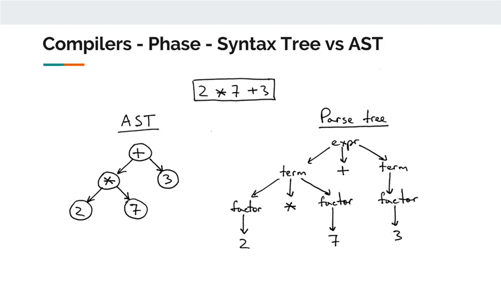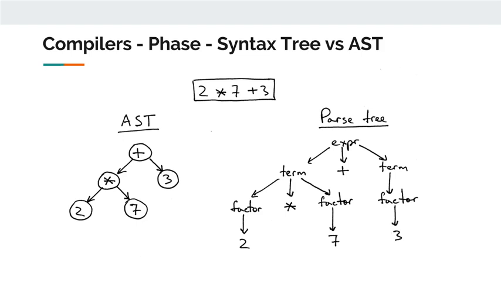And the overall expression we have is a term plus a term, because in terms of arithmetic expression, we will have multiplication which has higher precedence than addition. So multiplication will bind more than the addition.